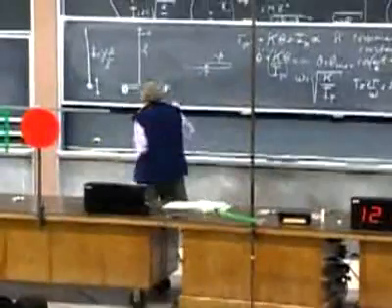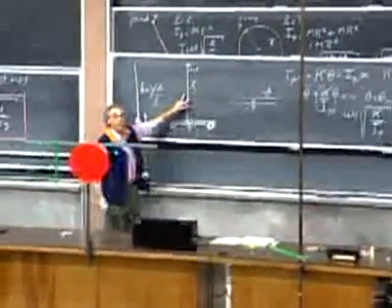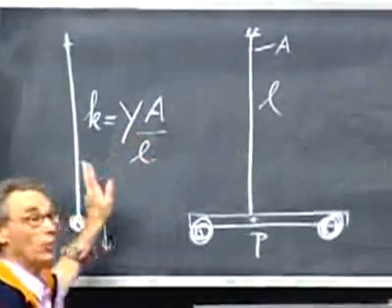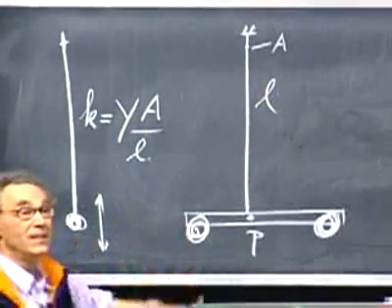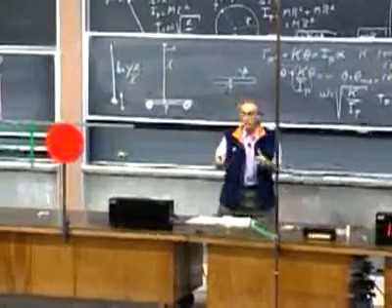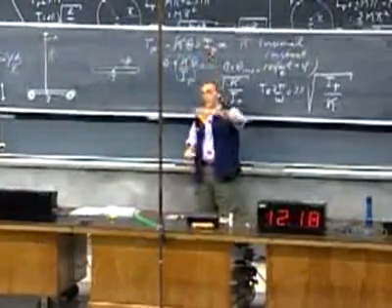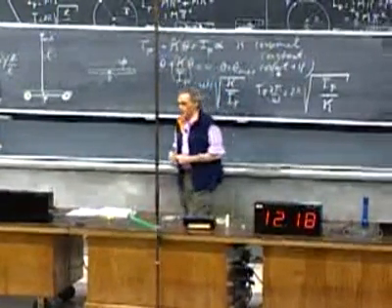Well, there is something very similar here. But I don't want to go into the details of exactly how you derive kappa here. It's a little bit more complicated. But indeed, the same is true: if you make the wire thicker, then kappa will go up, and if you make the wire longer, kappa will go down. That's immediately obvious.